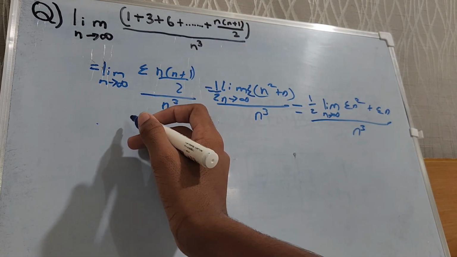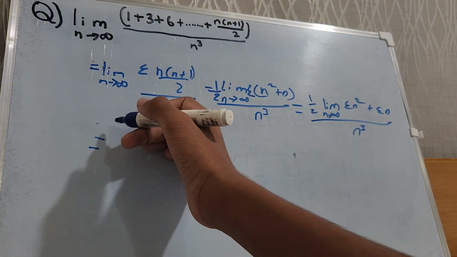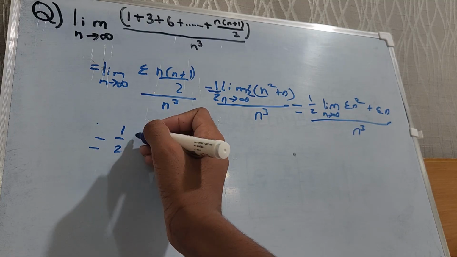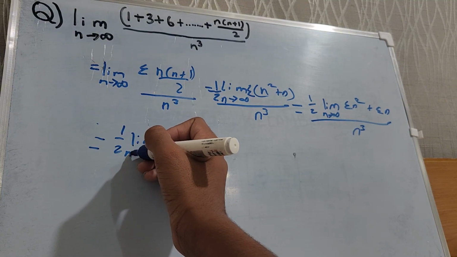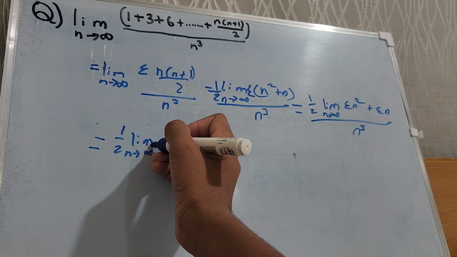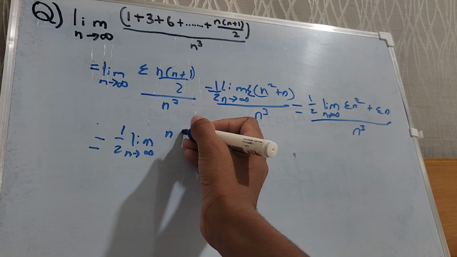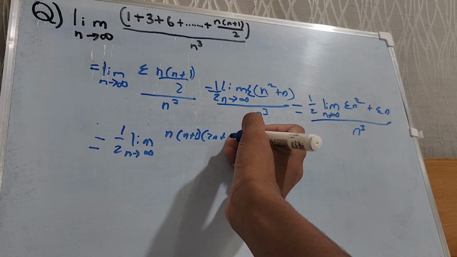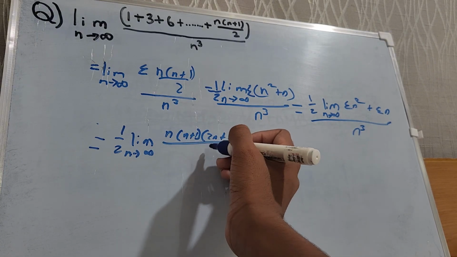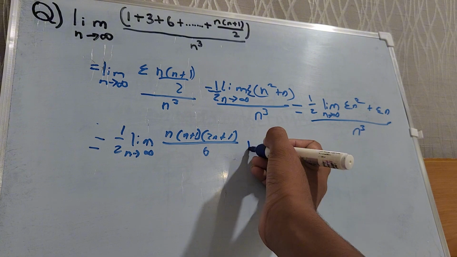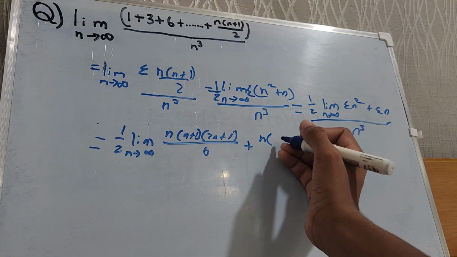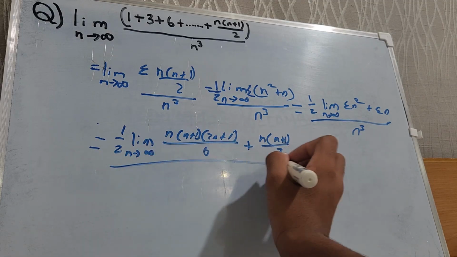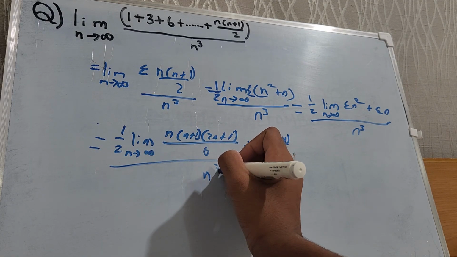So now we will get, substituting, 1 by 2 into limit n tends to infinity n into n plus 1 into 2n plus 1 by 6 plus n into n plus 1 by 2, by n cube.